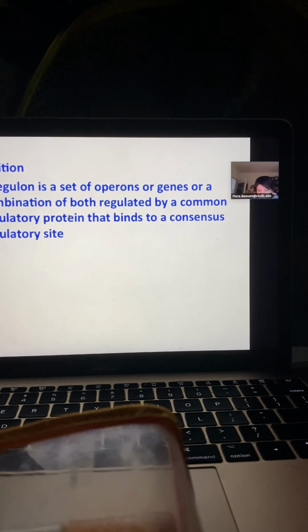One protein will regulate all of the operons or all the genes that make up a regulon. And this regulatory protein will recognize a consensus regulatory site in all of these genes or operons or combination of both.